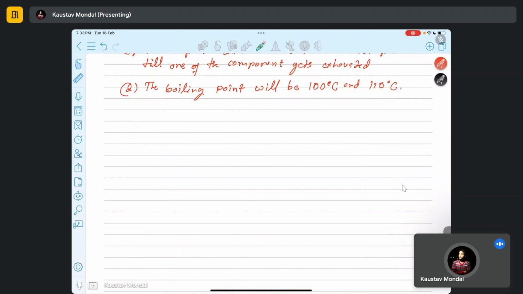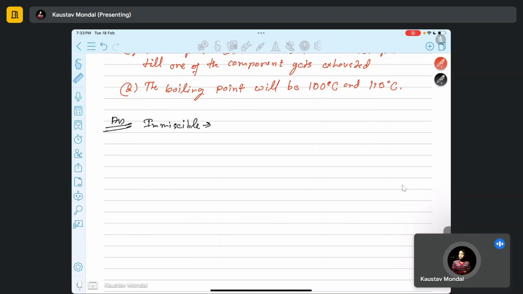Before doing that, let me write some of the things that you already know, but still I'm writing. So, immiscible. What does immiscible mean?